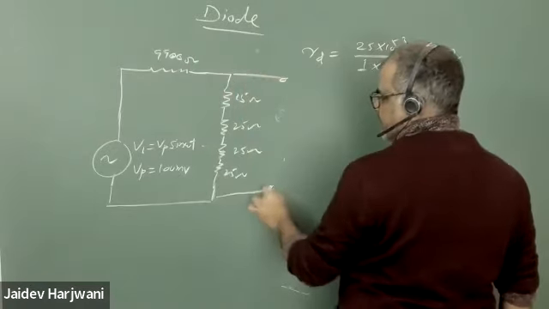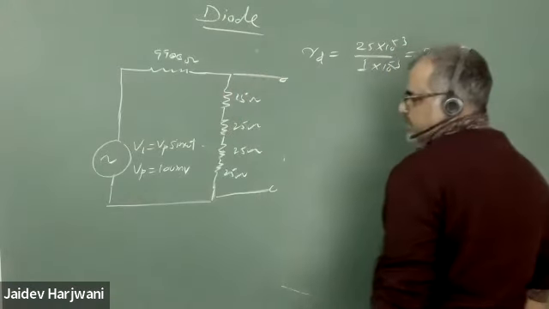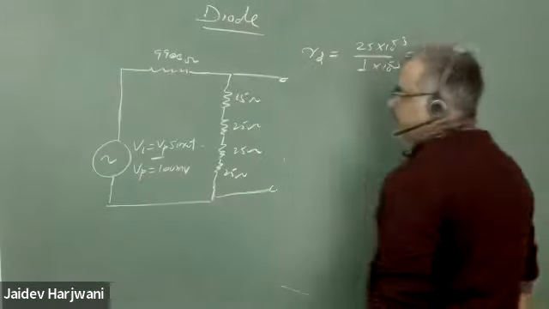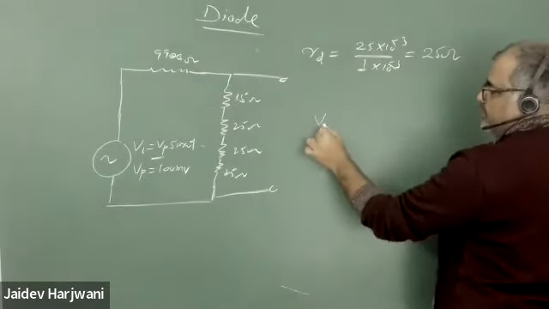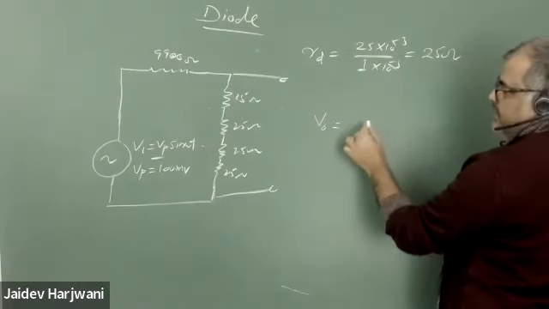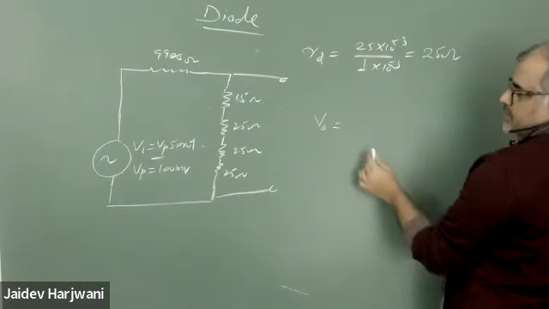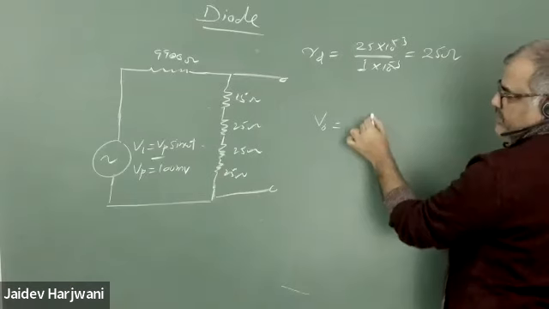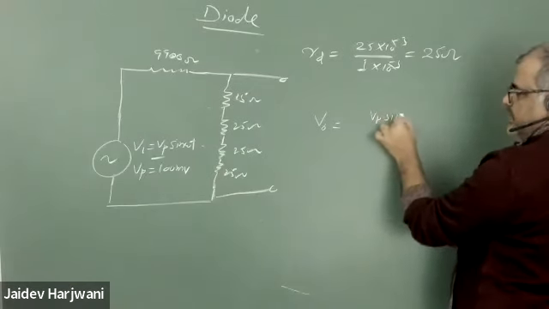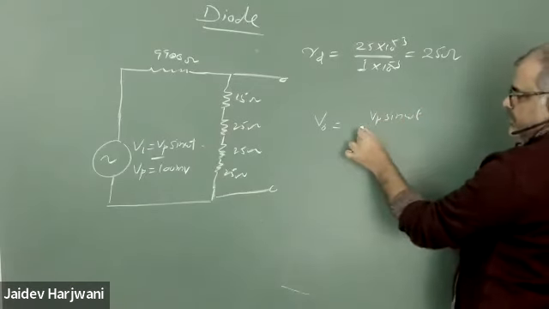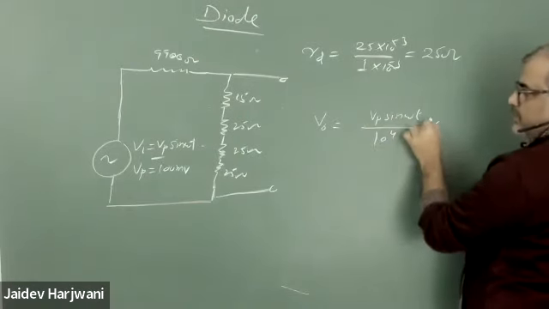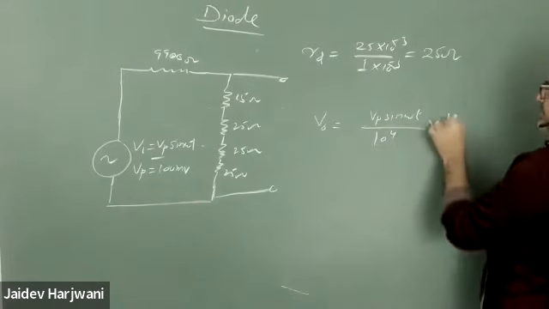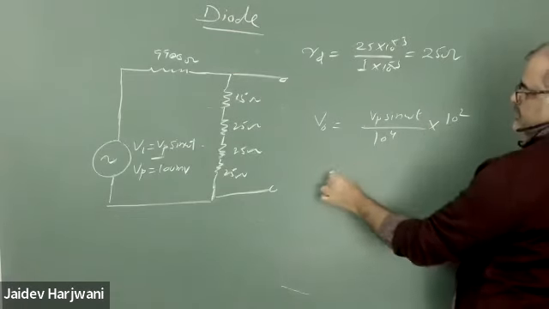Now you're asking for amplitude. Amplitude के लिए we just need to take VP. So V output will be simply 9,900, and the total resistance will be 10,000. You have VP sine omega t upon total resistance 10,000 into the resistance across 100 ohm.